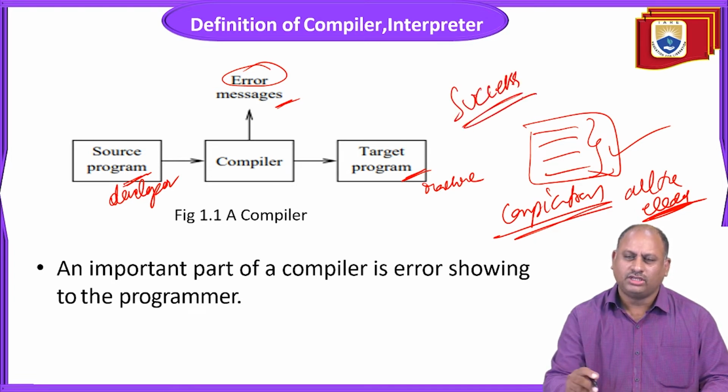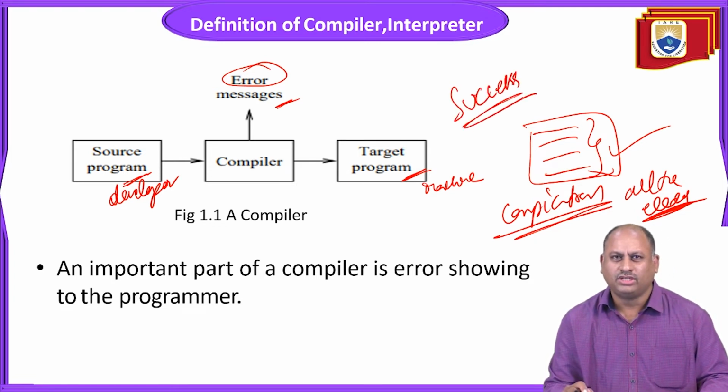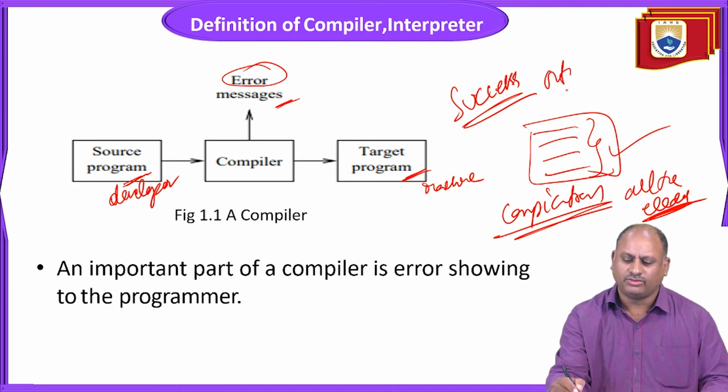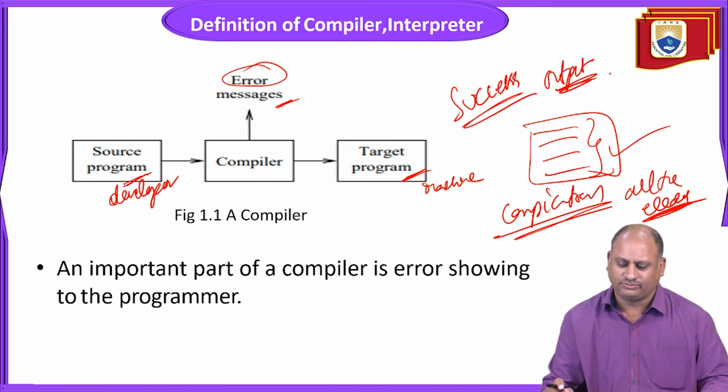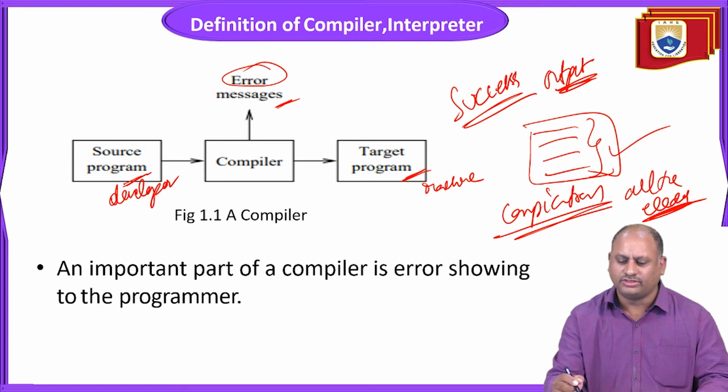Whenever compilation is successful, only then can we see the output of the program. If errors are not removed, there is no chance of going to the execution phase, which means the output can't be displayed to the user.